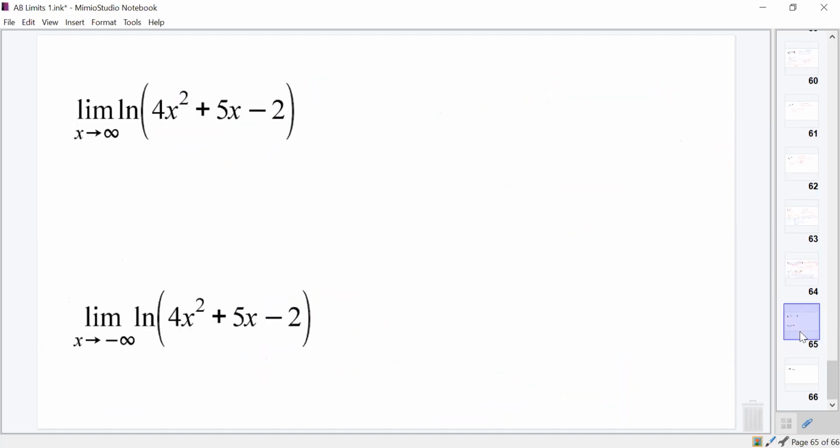Let's move on to a slightly different one. The limit as x approaches infinity of the natural log of 4x squared plus 5x minus 2. Any thoughts?